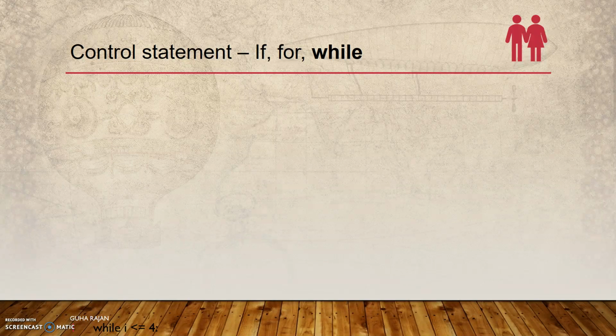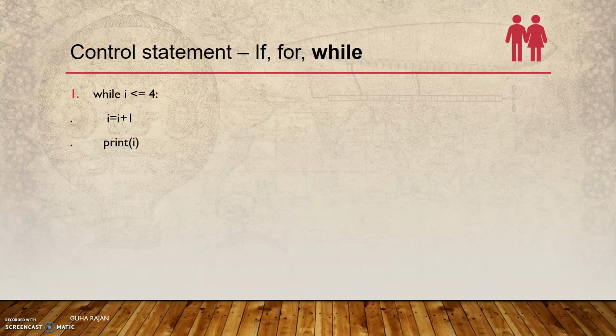The last one is the while statement. Again, it is while a condition. Here we have taken the example as while i is less than or equal to 4, then we are incrementing each time and printing it. One thing to note here is that initially i needs to be set to some value.